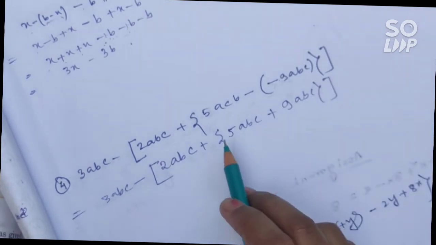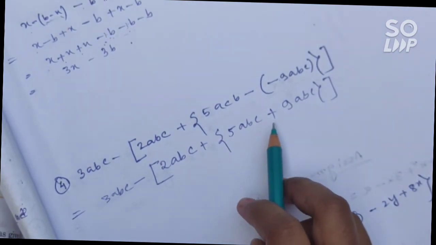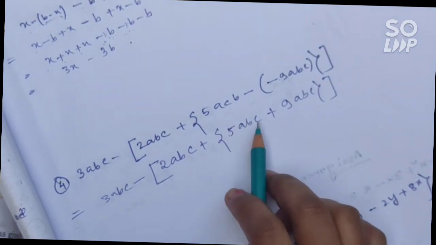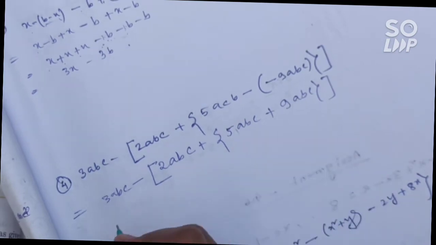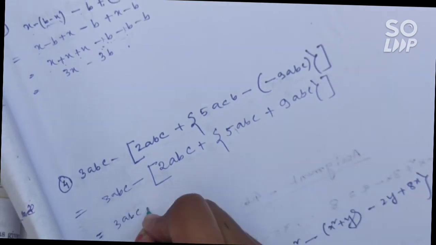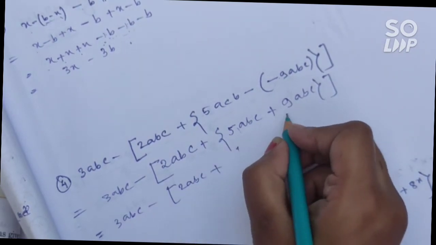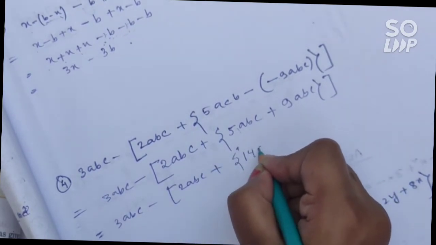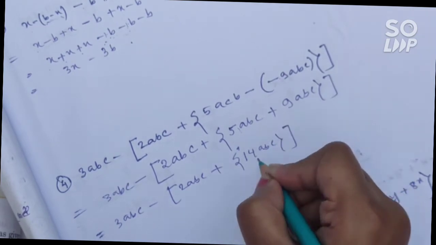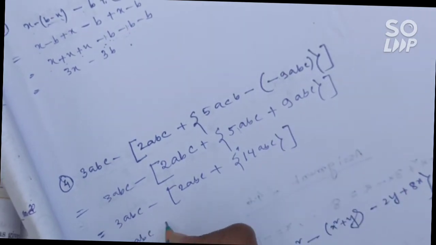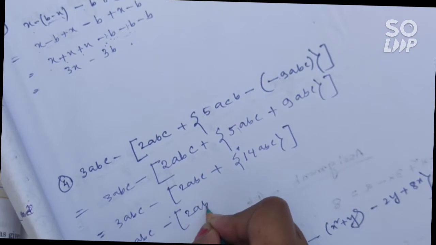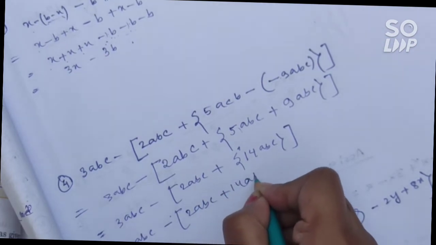Okay. Now let us check, can we do the operation in the second bracket? Yes, we can because these are like terms. So 3abc minus 2abc plus 5abc plus 9abc. This will be 14abc. Okay. Next 3abc minus 2abc plus 14abc.